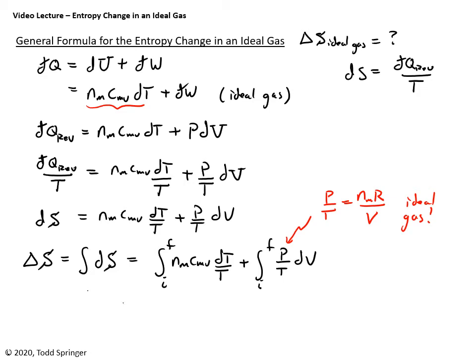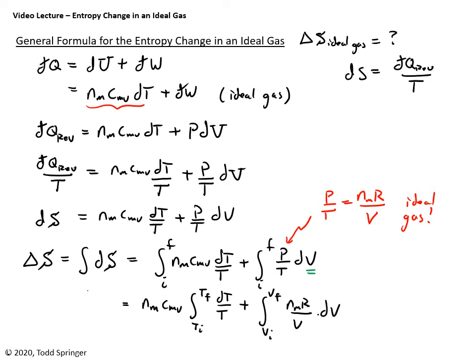Then I get the following: N_m C_mV, I can pull out those, integrating from T_i to T_f, dT over T, plus the integral where the integration variable is V, so I better put limits that make sense with V, V_i to V_f. And then P over T is N_m R over V times dV.